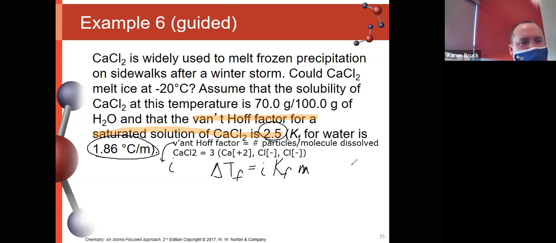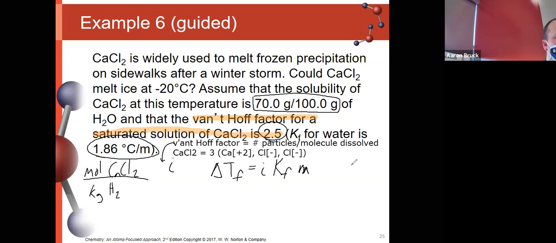And in this case, since we are using solubility data, it's actually not that difficult to get to that either. Remember, molality is moles of calcium chloride per kilogram of water. Well, we're already told we've got 70 grams of calcium chloride per 100 grams of water.